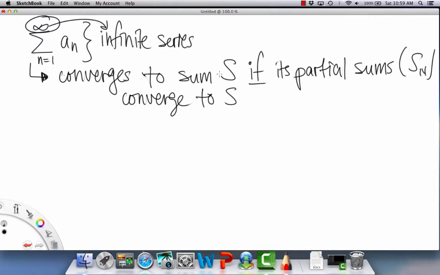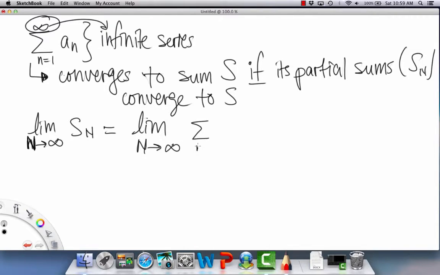And I'll explain why. So this is how you write it mathematically. The limit as n goes to infinity, well, we have a big N here, of the partial sums equals the limit as big N goes to infinity of the sequence, you can start anywhere at a certain number and then go up to infinity, it's not going to matter in the long run where you start, equals s.